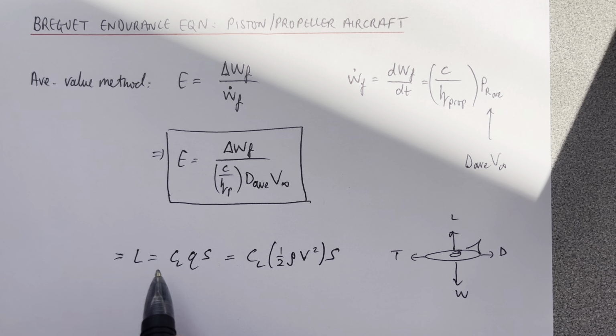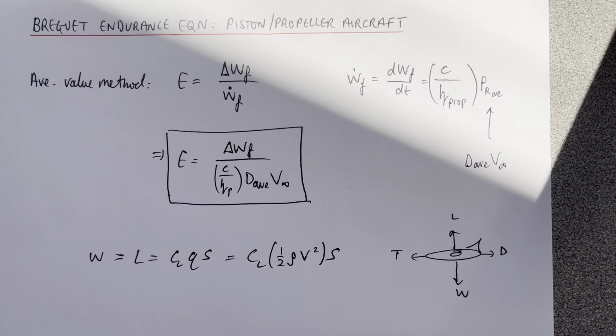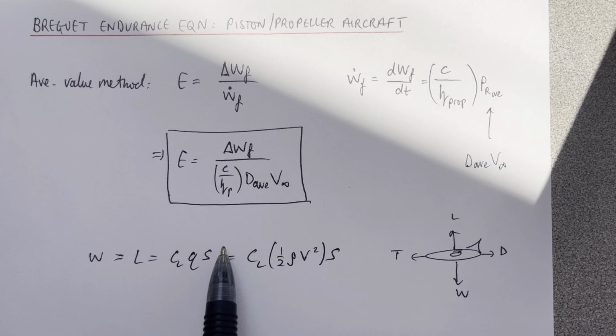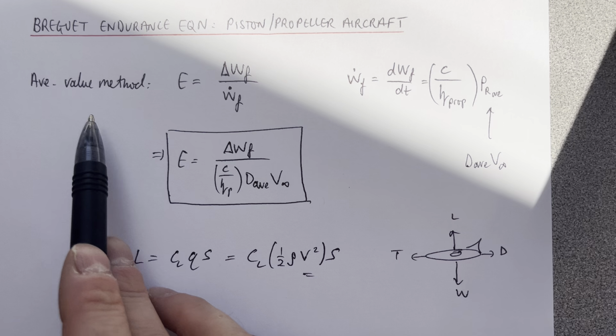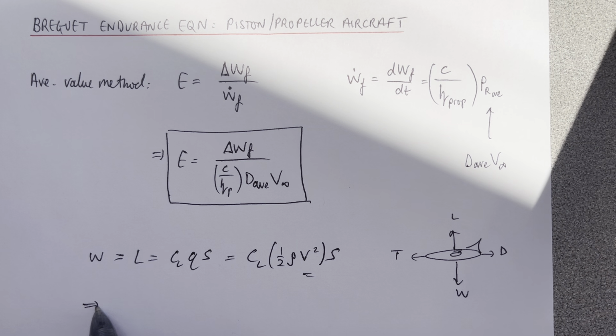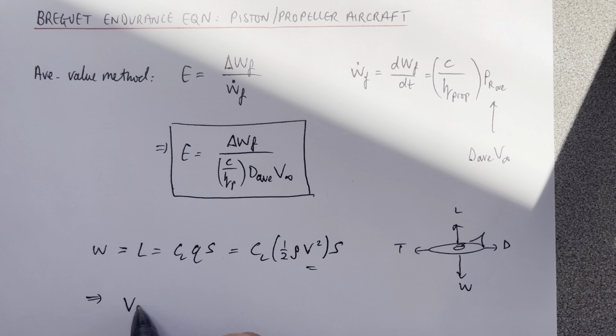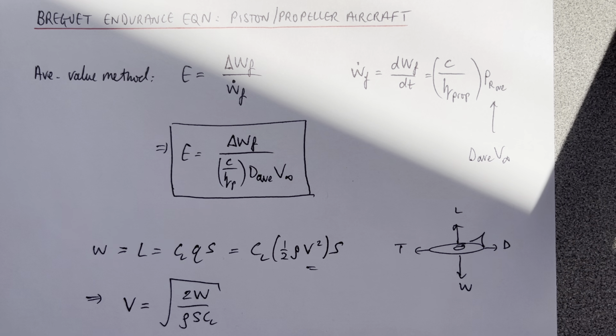Then this equation can be formulated in terms of W, because as we just said, at constant altitude lift is equal to weight. So we can rearrange this equation for V as a function of W, and that will highlight the issue associated with the average value method. Rearranging, we get V is equal to 2W over rho S CL, all square rooted.